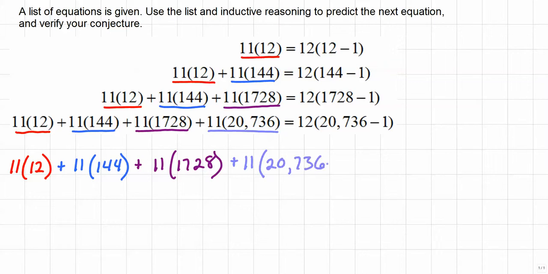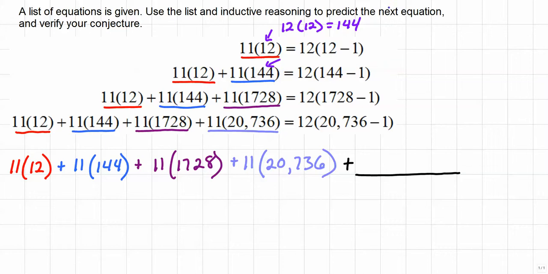Now, the problem is what is the next term that I need to come up with? Well, if you look very carefully, you'll notice that 12 right here times 12 will be equal to 144, which occurs right here.